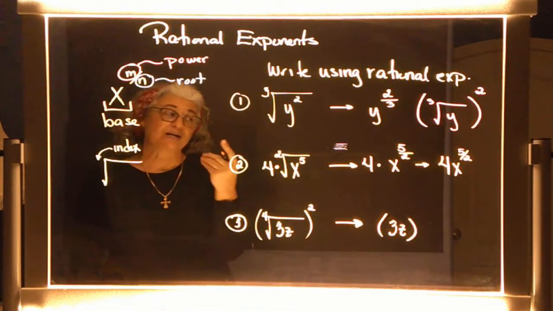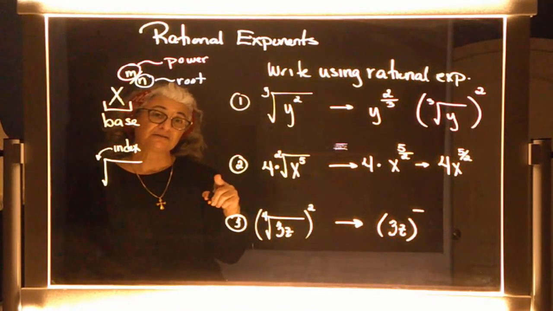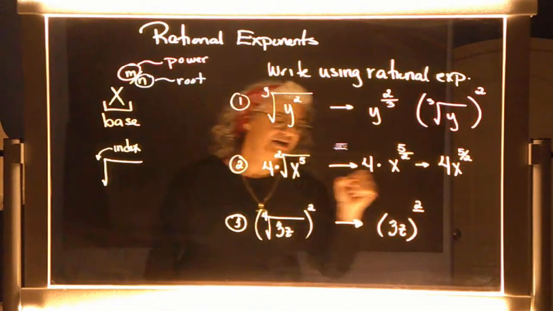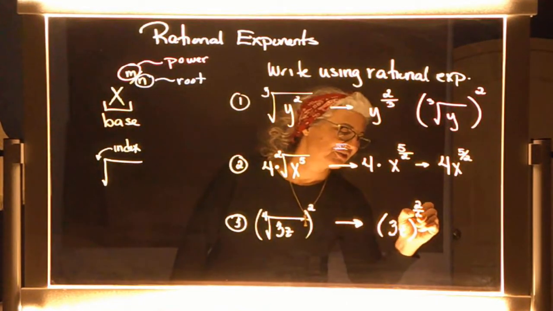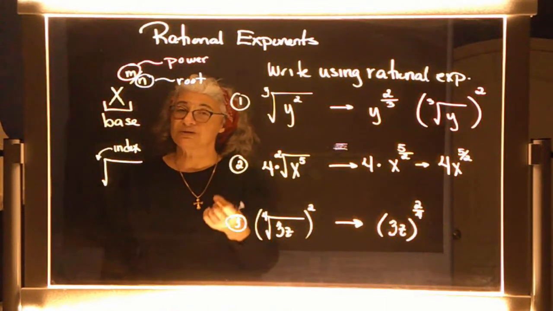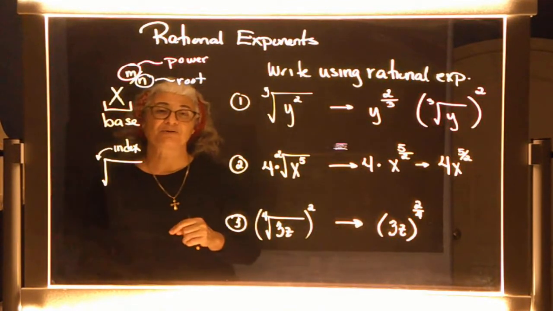Now, rational exponents, I have a power, which is good, 2. And I also have a root, which is good, 4. So I have parentheses are read as the quantity. So I have the quantity of 3z to the 2/4 power.